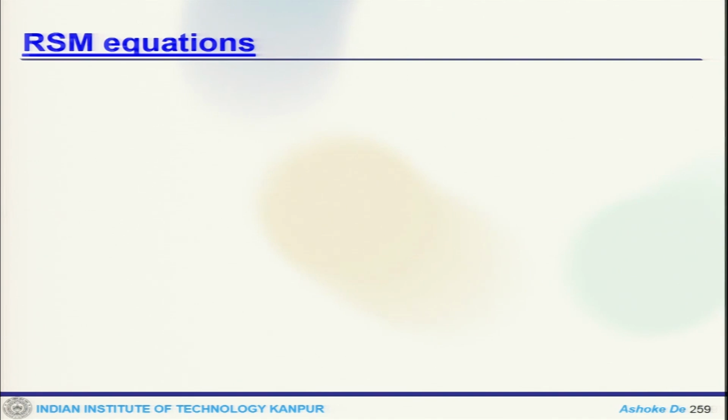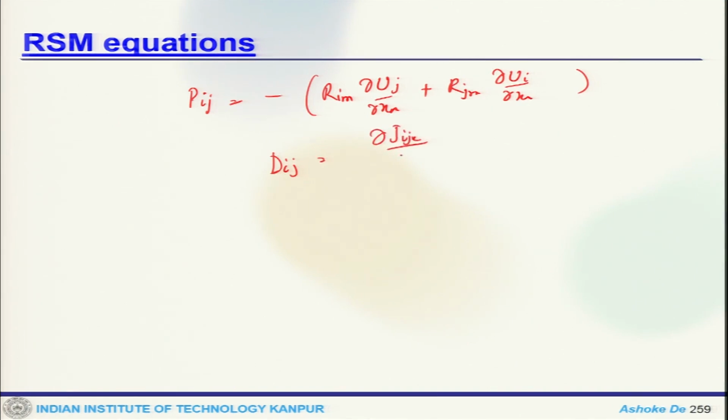So your production is quite exact, as we said, which one can write as Rjm by del xm, and the diffusive transport is also Cijk by del xk. Cijk is nothing but ui prime uj prime uk prime plus p prime delta jk ui prime plus delta ik uj prime.